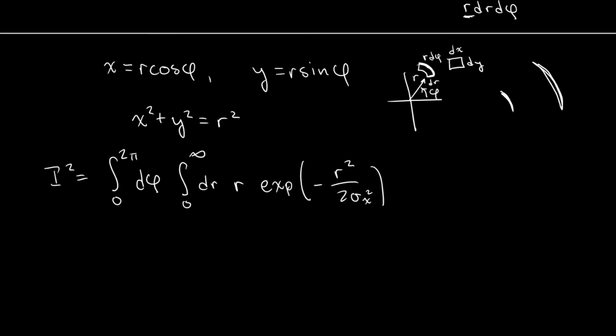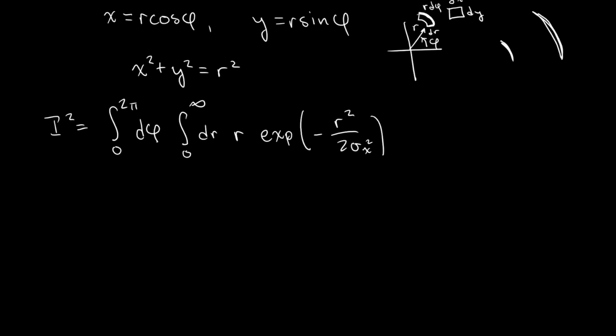Okay. This integral is super easy to do. We can do it immediately without even thinking, right? It just gives us 2 pi since nothing depends on phi. So this is 2 pi integral from 0 to infinity dr r exp minus r squared over 2 sigma x squared.